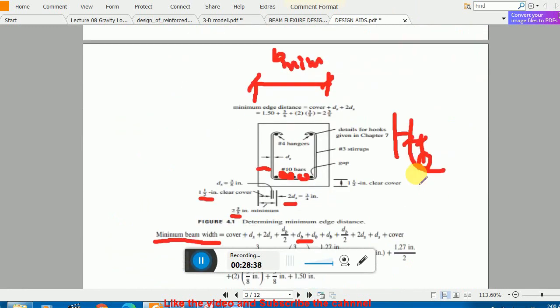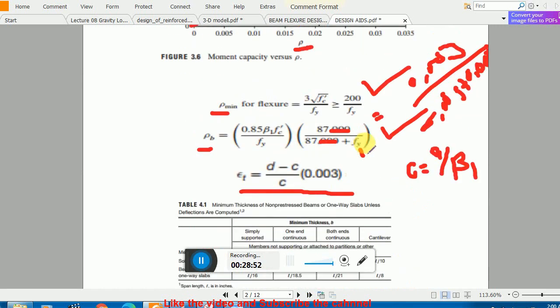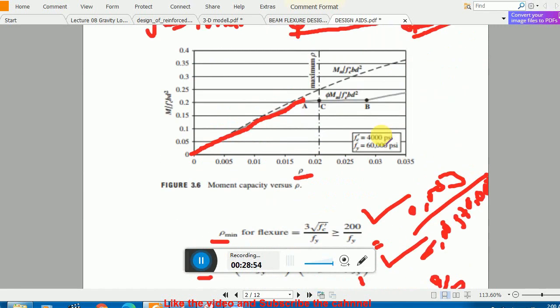So you must remember. And these examples are just only for flexure, not for shear, not for torsion, not for any shrinkage reinforcement. This is just to give the idea about the flexure reinforcement, how we can calculate flexure reinforcement.